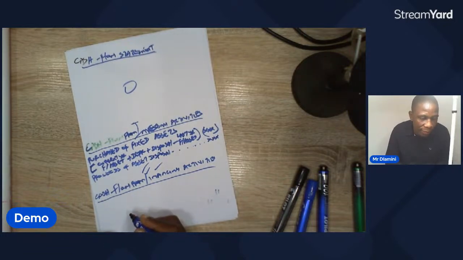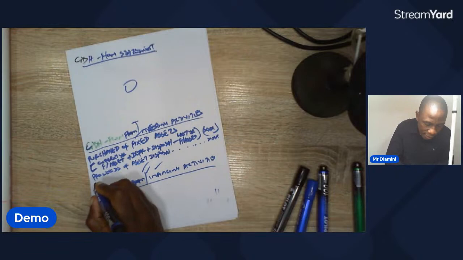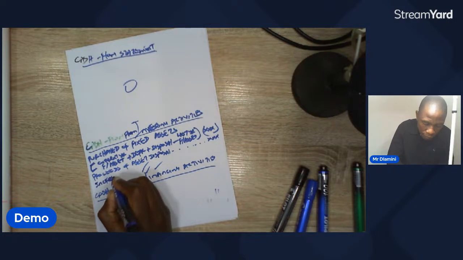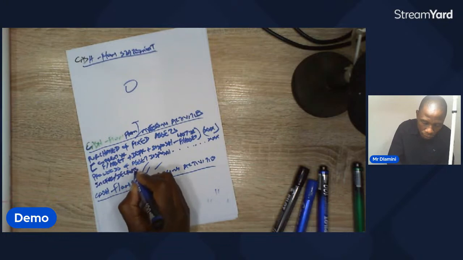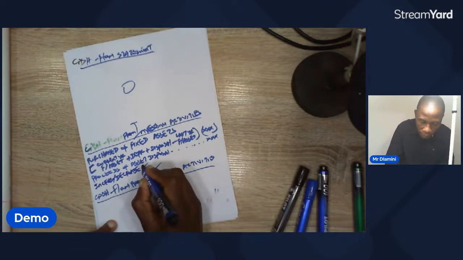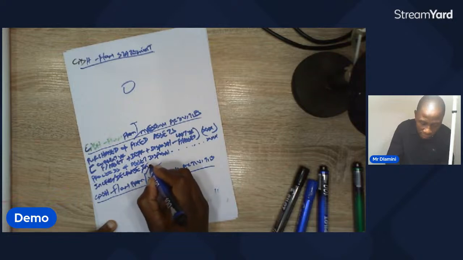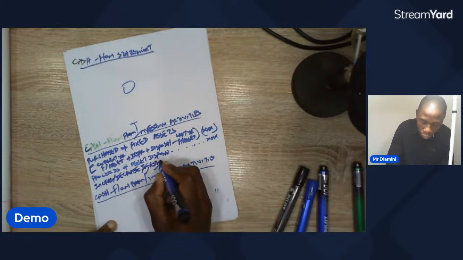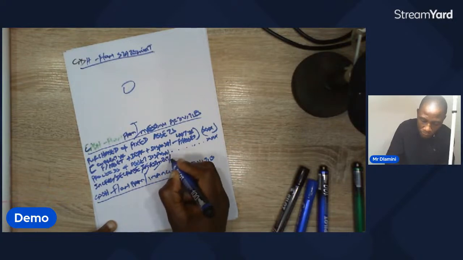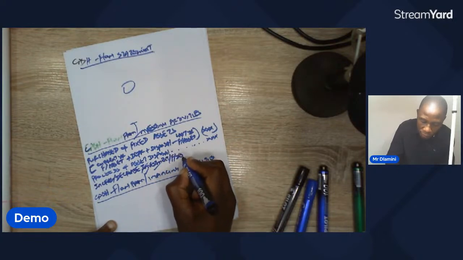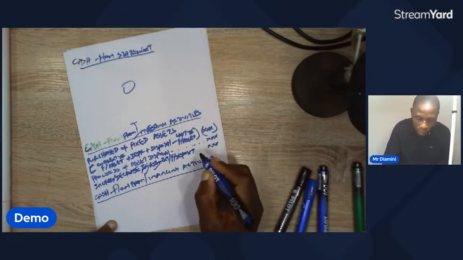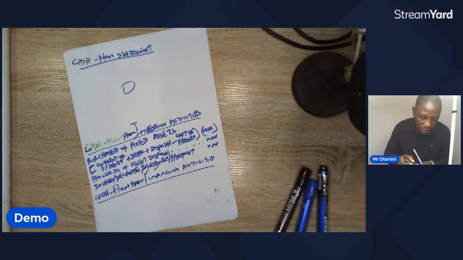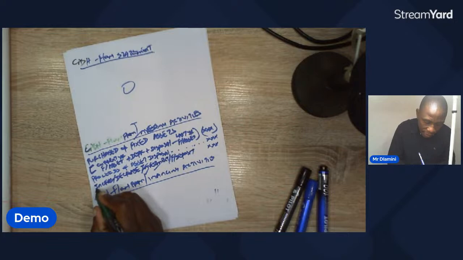And then I also check whether there was an increase or decrease in investment or fixed deposit. Let's say our fixed deposit is increasing.